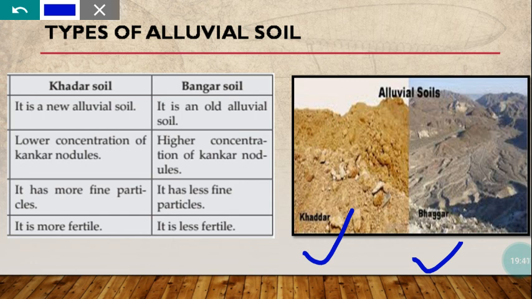The new alluvial soil, the khadar, is very much fertile, whereas the bhangar is less fertile. The khadar has more fine particles as it is very new soil, whereas bhangar has fewer fine particles. So we can observe that khadar is more important than bhangar soil.